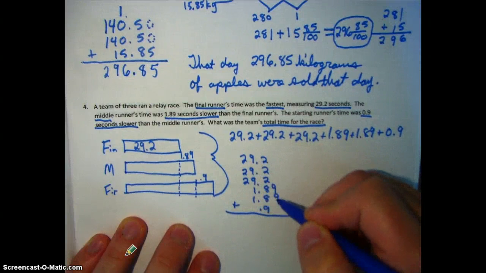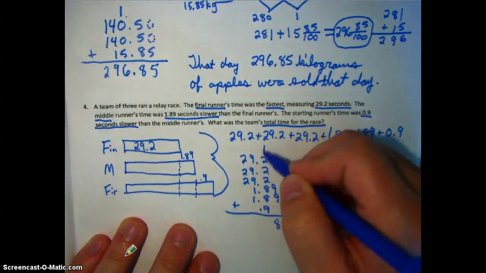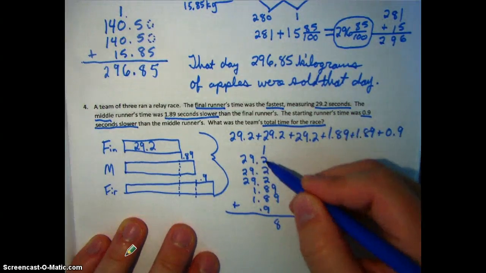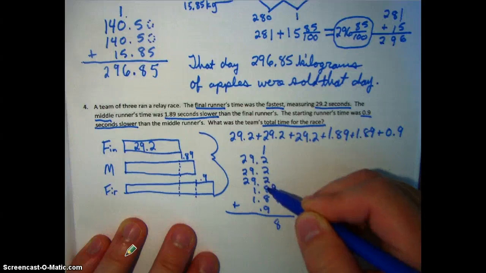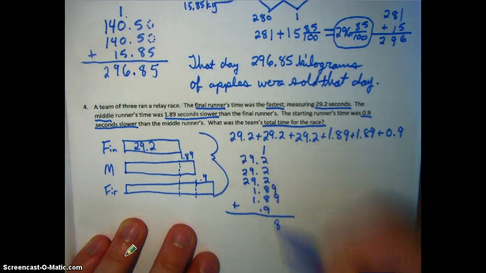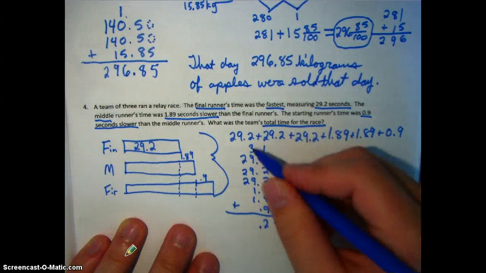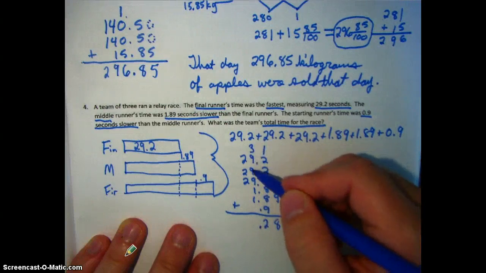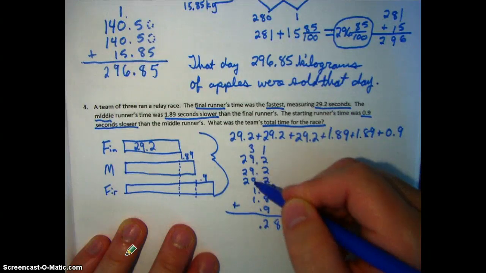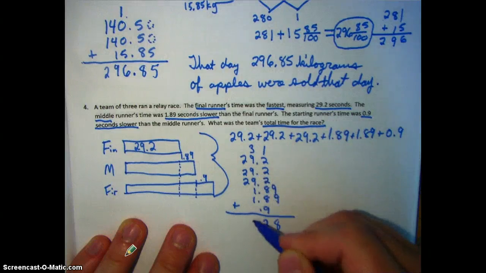So now we see we have 9 and 9, which gives us 18. Okay, 1 plus 2 is 3, 5, 7, 15, 23, 32. Bring down our decimal. Okay, and then we have 3, 12, 21, 30, 31, 32.